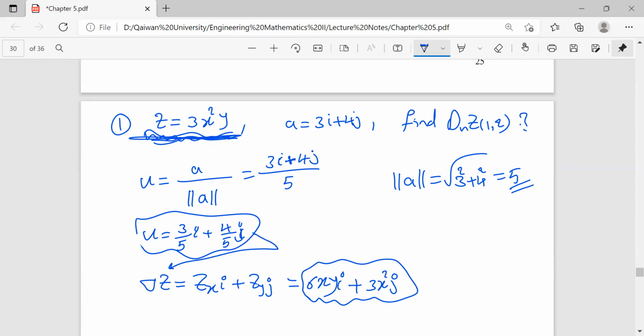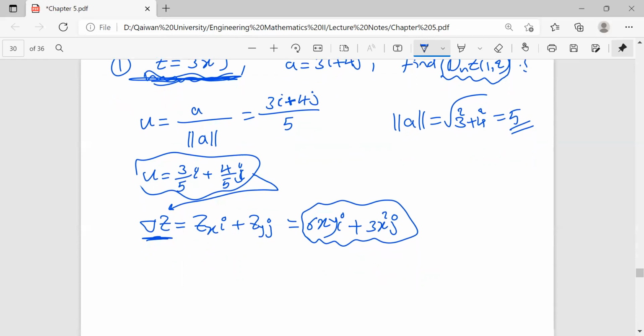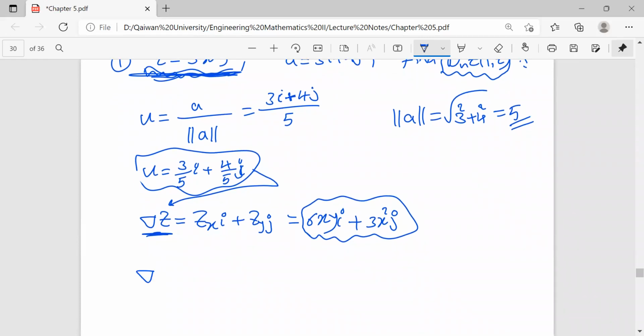But here it says find it at this point. Where do we have X and Y? We have X and Y only in grad Z. So you must find grad Z at 1 and 2, and then you find the dot product of U with this one to get the directional derivative at the given point.